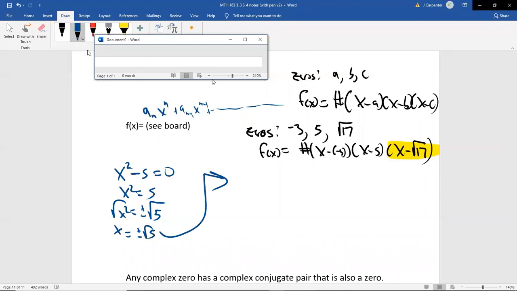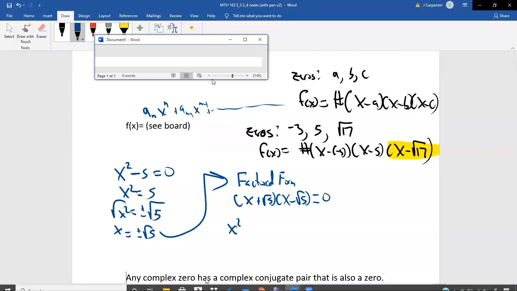So what that tells us is the factored form, even though there's no formula for this, there's no direct factoring method for this, it would be x plus the square root of 5 times x minus the square root of 5. The negative square root of 5 leads to the plus, the positive leads to the negative, because the zeros always change signs in the factored form.